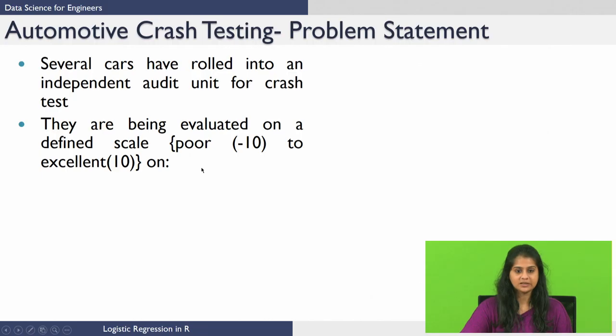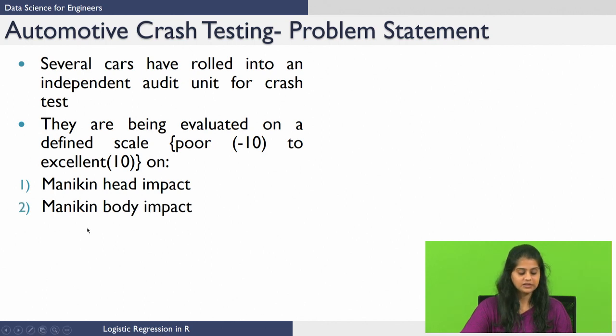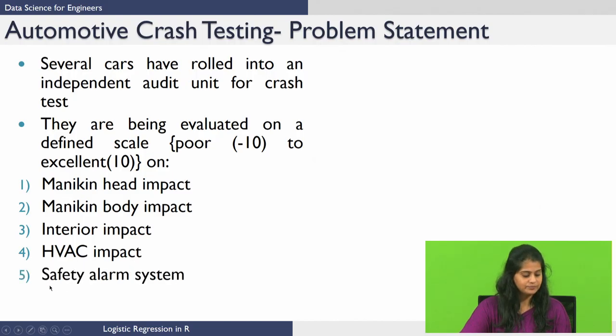So, let us look at the parameters they are being evaluated on. I have the mannequin head impact, which is the impact on the head of the mannequin in the car crash, the mannequin body impact, the interior impact, the heating, ventilation, air conditioning impact, and the safety alarm system.